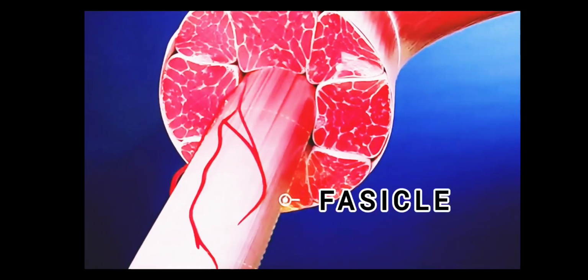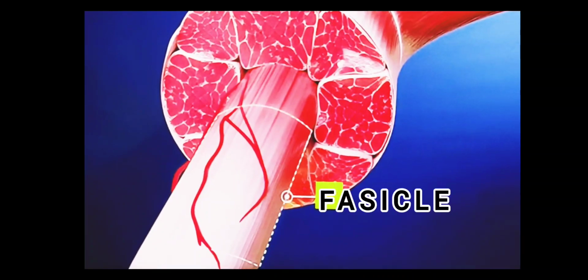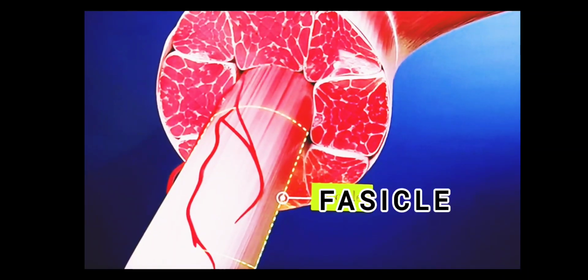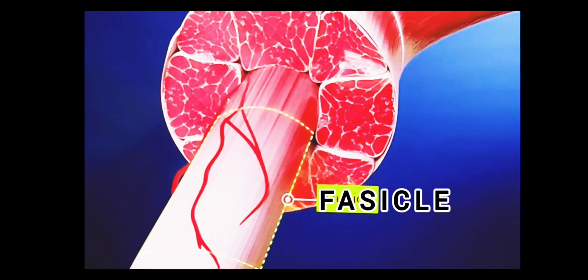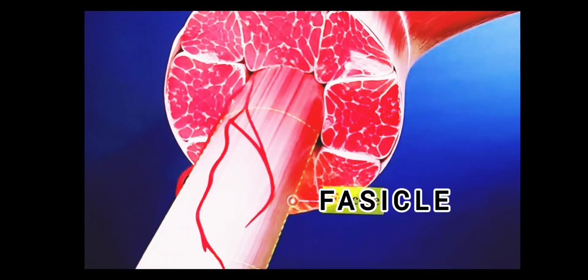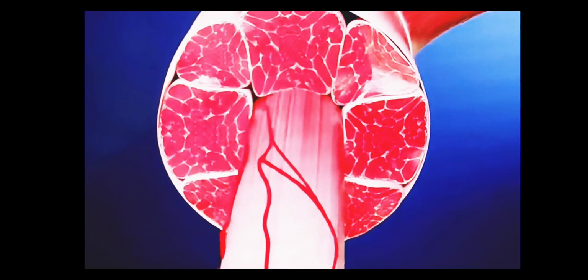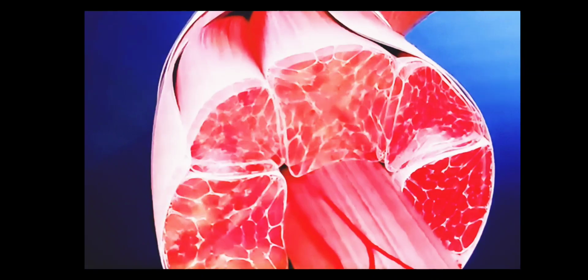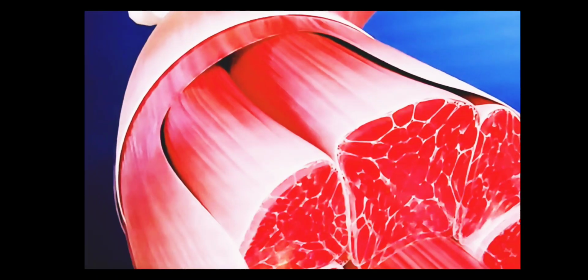When a group of muscle fibers are bundled as a unit within a whole muscle, it is known as a fascicle. A group of fascicles form a muscle. The connective tissue sheath covering such a muscle is called epimysium.